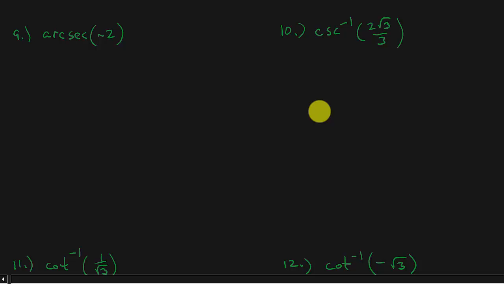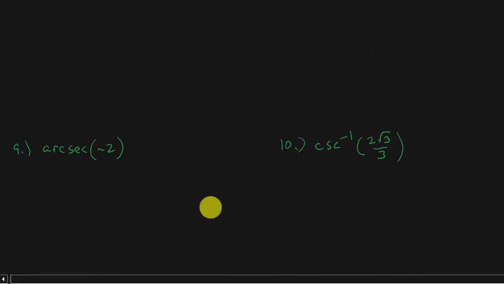Cosecant is going to be the same as sine, so those aren't going to be any different. But if you notice, you don't have an inverse secant button on your calculator. And we don't really memorize the secant, cosecant, and cotangent of 30, 45, and 60, because we don't have to.